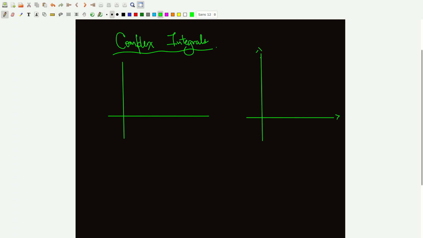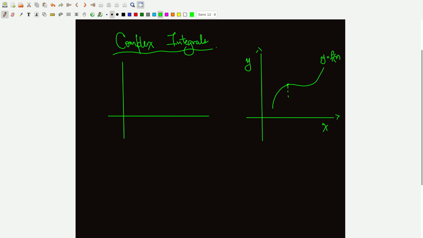So let us assume here for our normal integration we have y and x, and maybe an arbitrary curve given by y equals f of x.